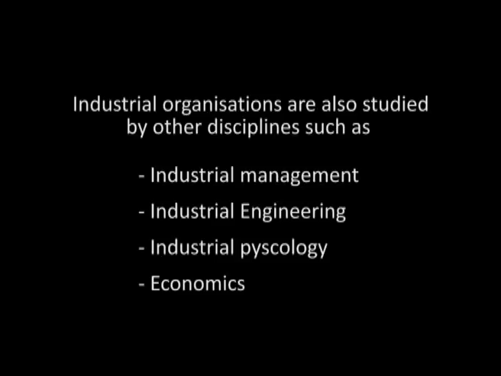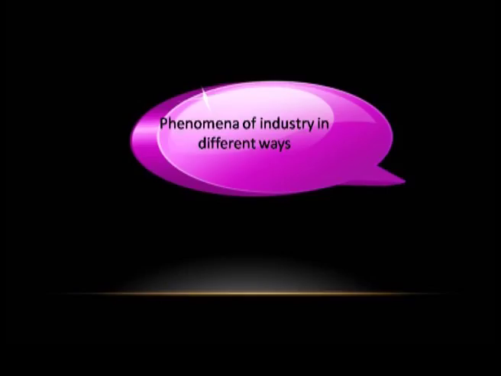It concentrates upon the social organizations of the workplace or industry and studies the patterns of interaction between people in terms of their roles in industrial organizations. Industrial organizations are also studied by other disciplines such as industrial management, industrial engineering, industrial psychology, and economics. But they study the phenomena of industry in different ways. Their studies sometimes may overlap.